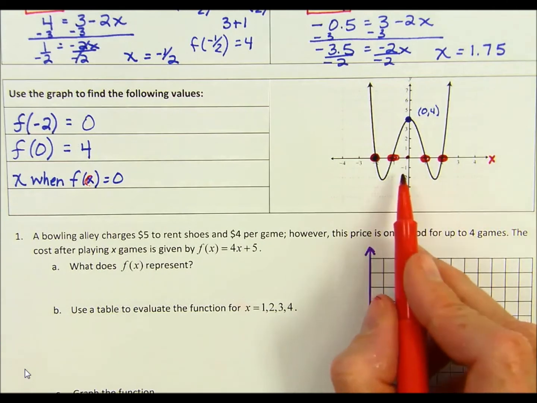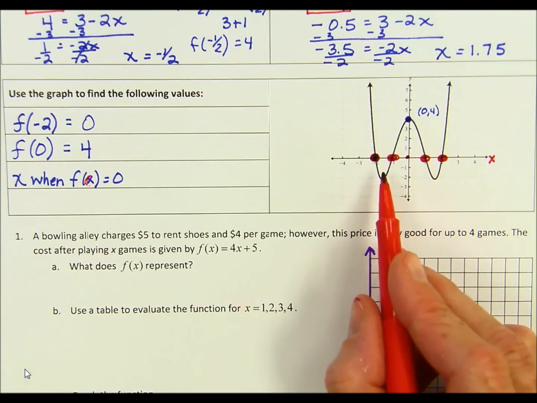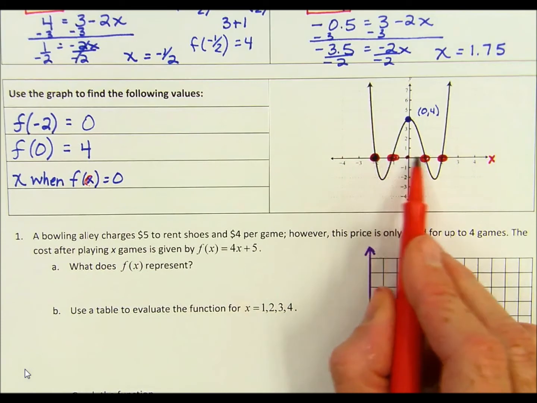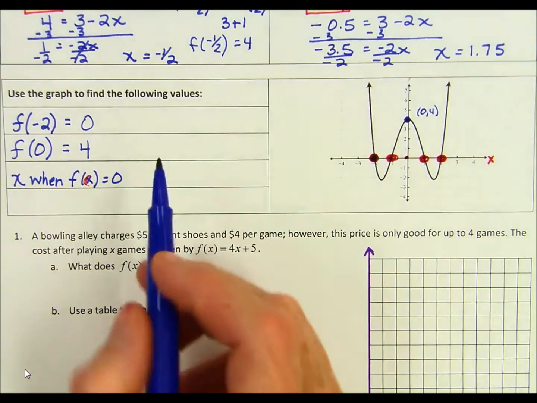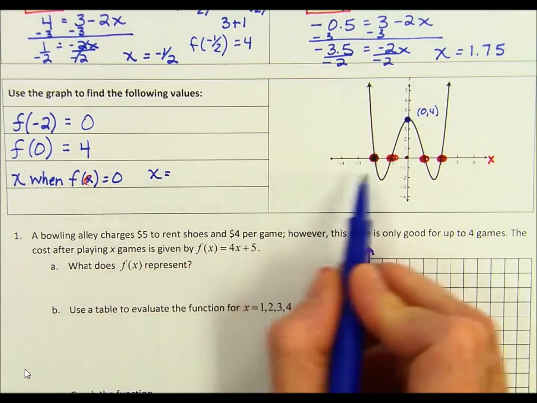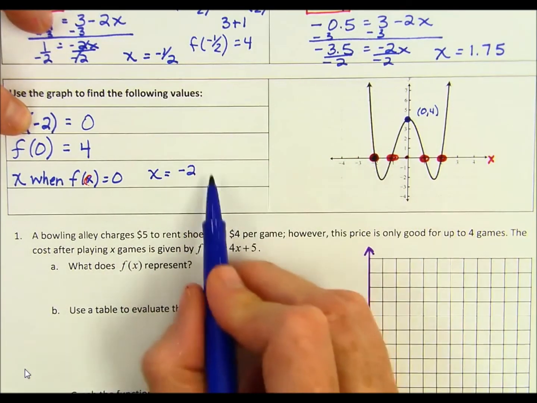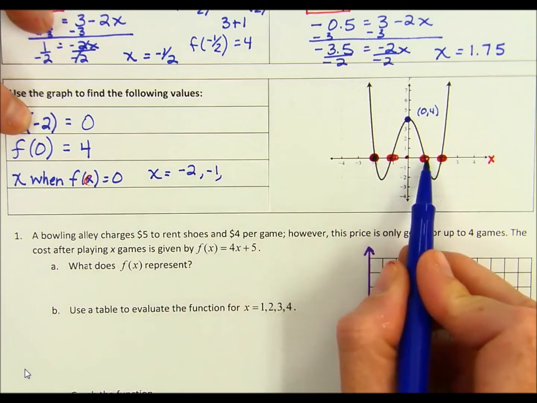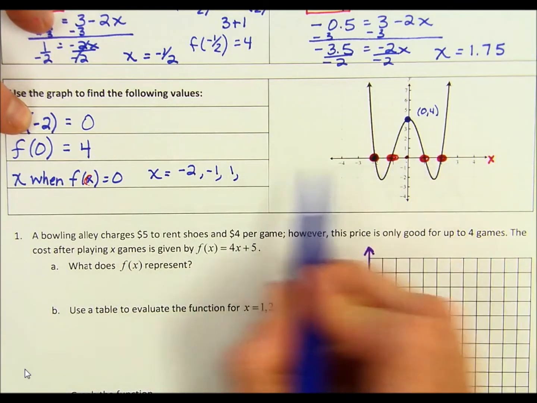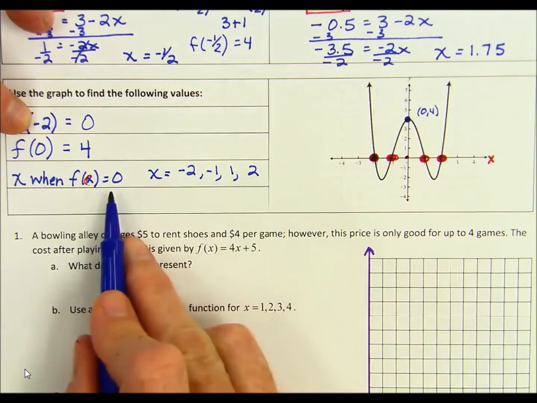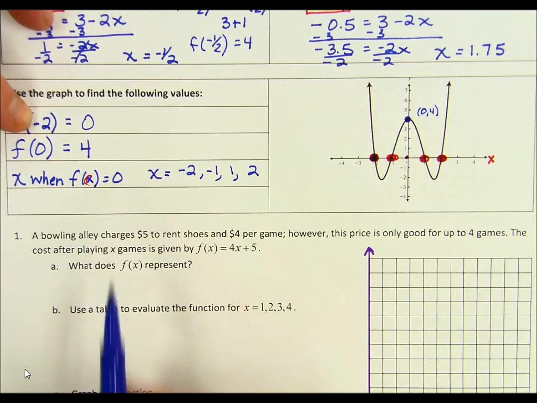So there are actually 4 values of x that give me the output of 0. And they are when x is negative 2, as we saw right here, when x is negative 1, when x is positive 1, and when x is 2.